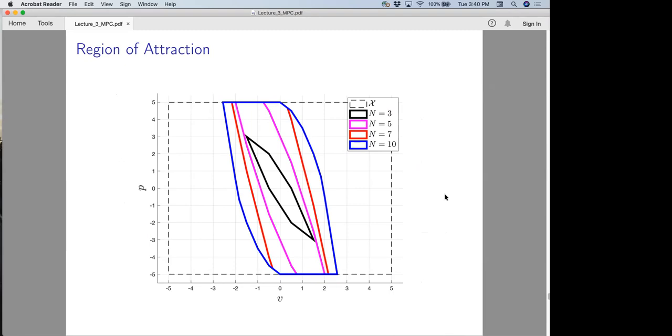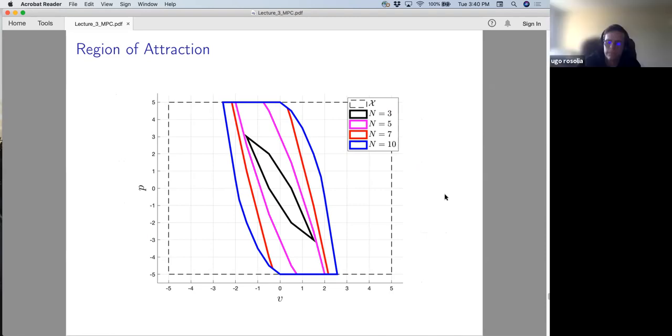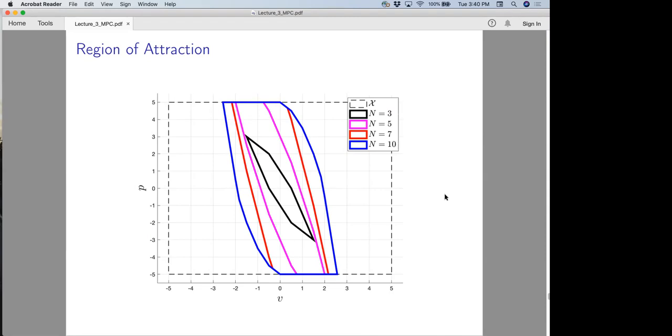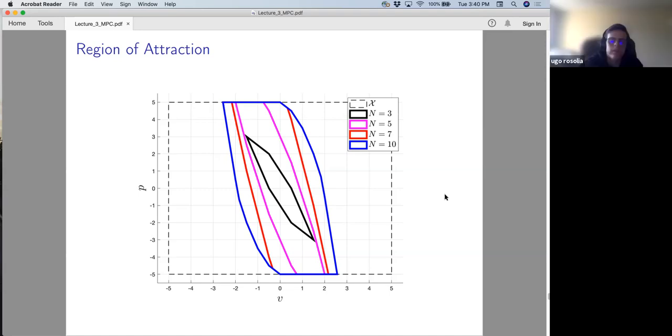I guess, going back to the adaptive horizon problem, suppose you realize you're currently not in the region of attraction. Is one strategy then to try more compute by extending the horizon? Yes, that's definitely something that you could be doing.